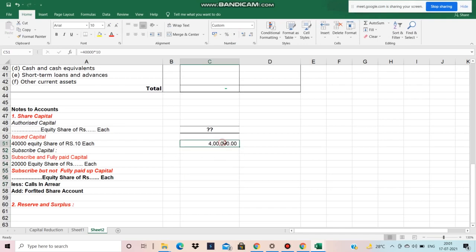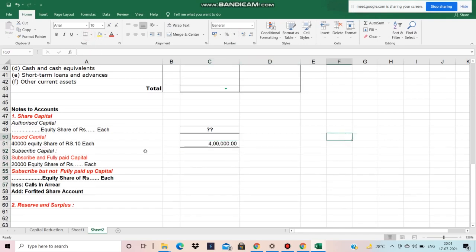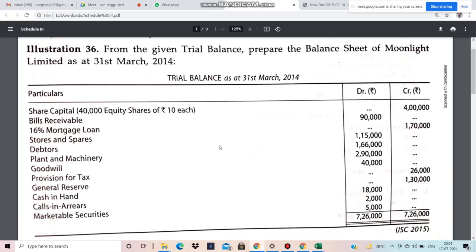Now the subscribed capital. Here, there are calls in arrears of 2000. So there are calls in arrears of 2000.